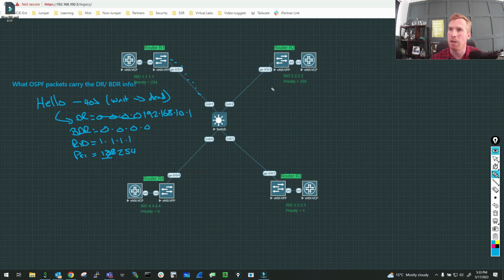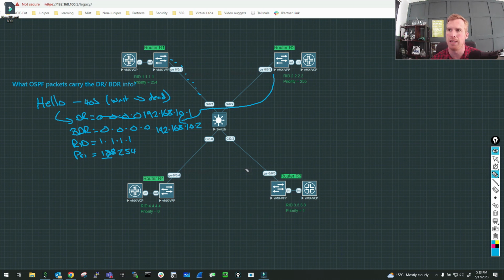When R2 comes into it, it is then going to have 192.168.10.2.